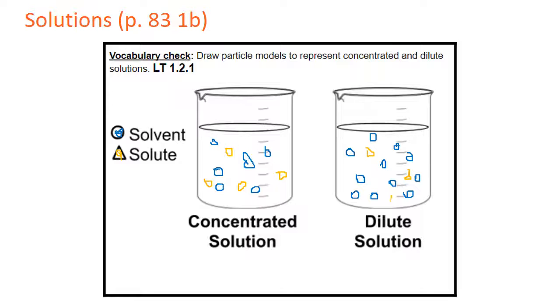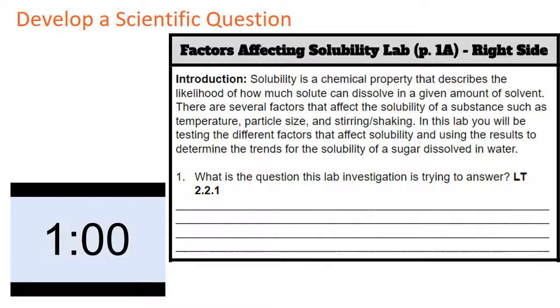So we notice that both of these solutions have the same volume. They're taking up the same amount of space in the beaker. But the one on the left has a lot more of those yellow solute particles than the one on the right does. And this is a good example of the difference between concentrated and dilute.